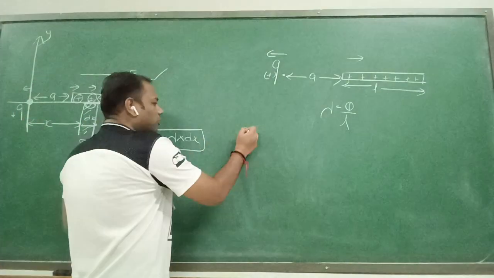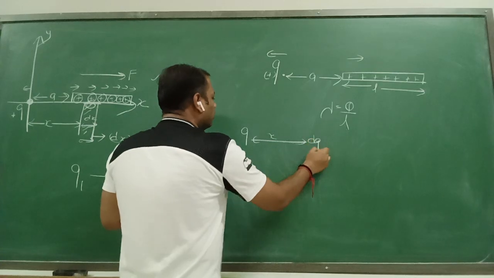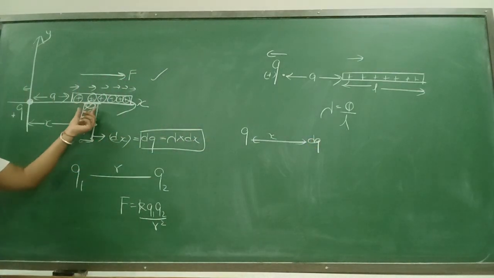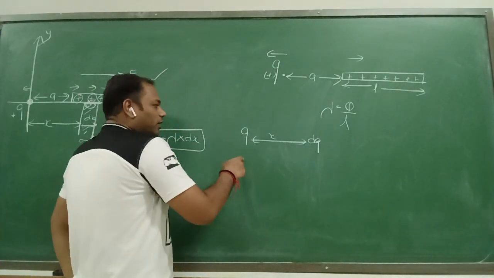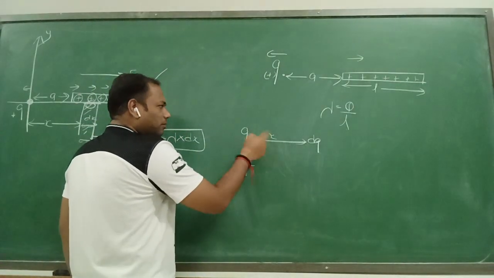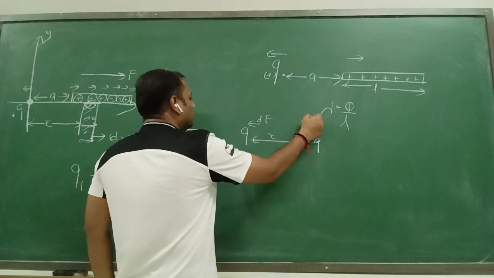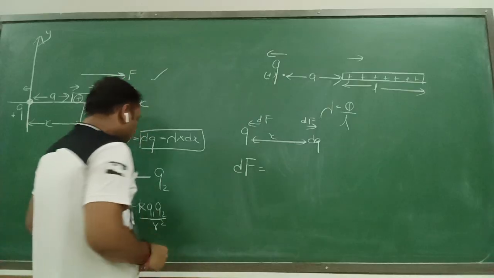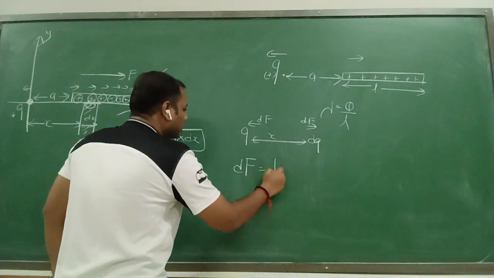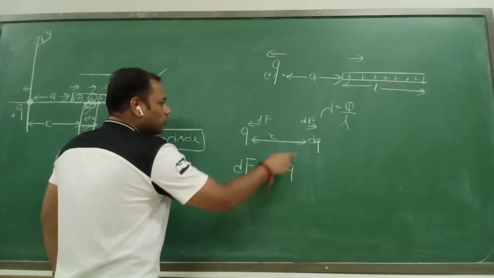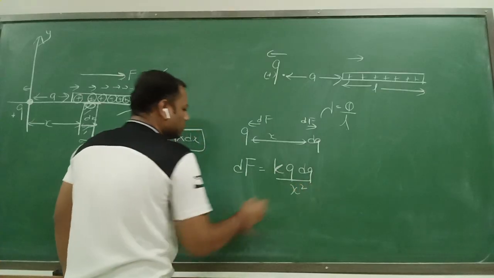So we have one point charge Q, and at a distance x, we have point charge dq which is present in dx length. We can apply Coulomb's law here. Suppose the force between them is dF, so F becomes dF, Q1 becomes Q, Q2 becomes dq, and the distance between them is x square.